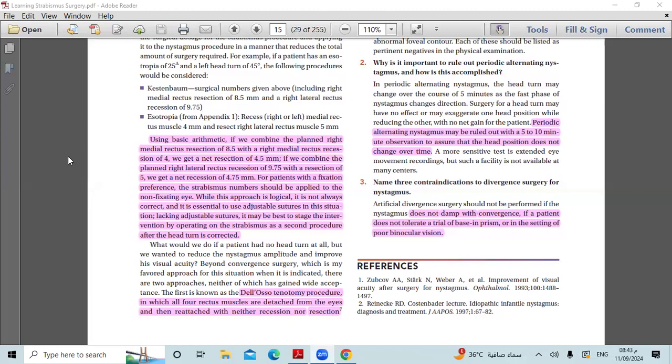Because we are discussing nystagmus, you should also mention the most common form of nystagmus we see in our clinic, which is latent nystagmus, and the other type, manifest latent nystagmus. I will share some details of this type of nystagmus.